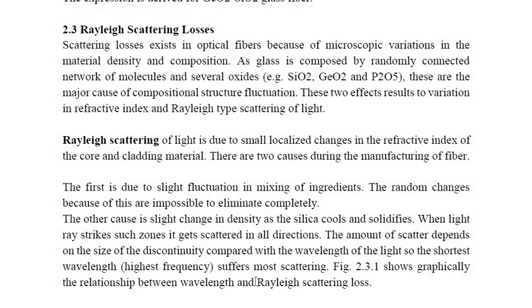Scattering losses exist in optical fiber because of microscopic variations in the material density and composition. As glass is composed of a randomly connected network of molecules and several oxides, for example SiO2, GeO2 and P2O5, these are the major cause of compositional structure fluctuation.